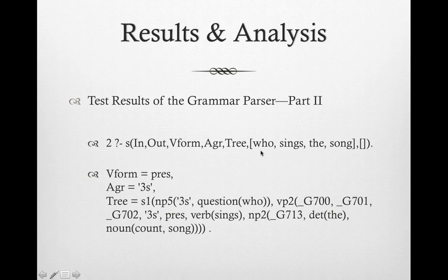The input is a WH question, who sings the song, and it also gives the tree structure of the input sentence. That's all for the test results of my grammar parser. The input is an English sentence, and the output is the tree structure of the input sentence. There are many test cases; here I only list four of them.